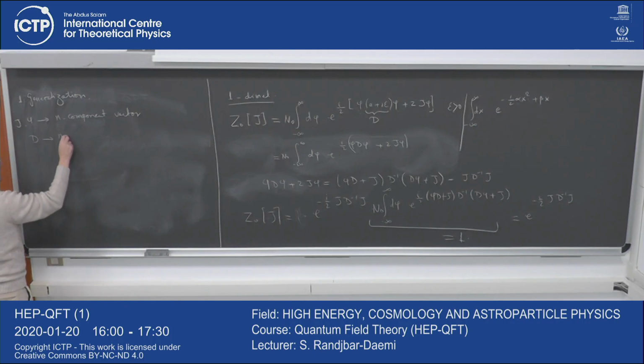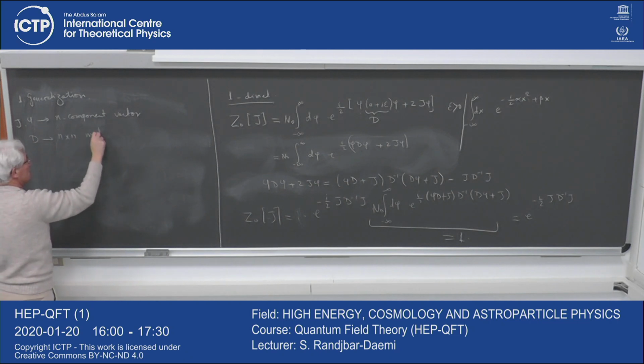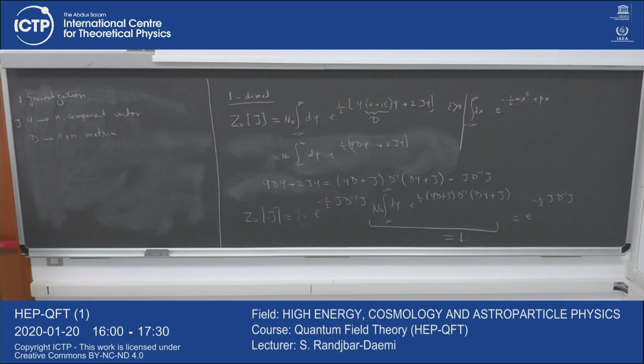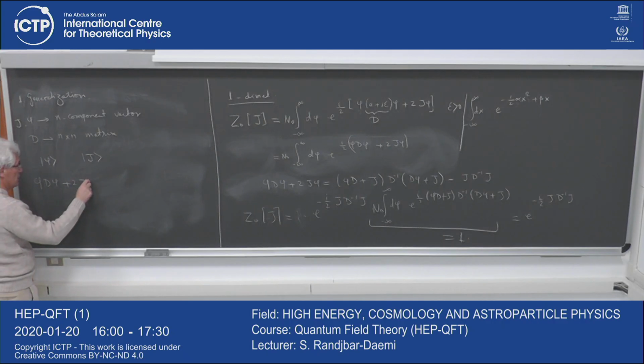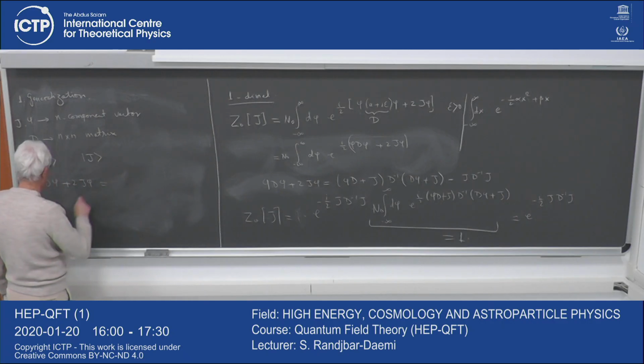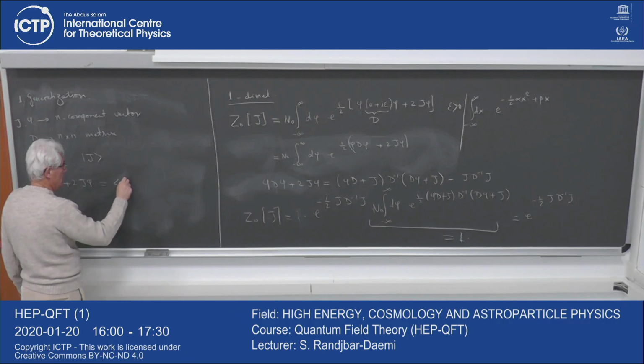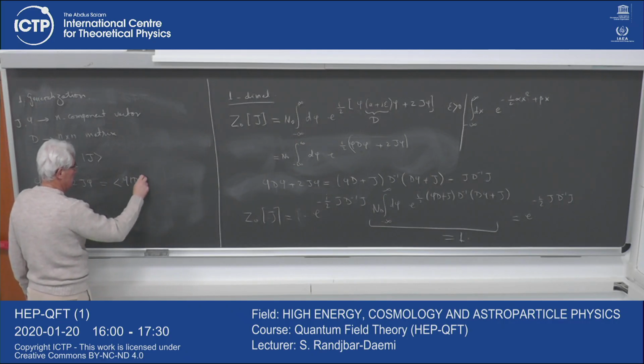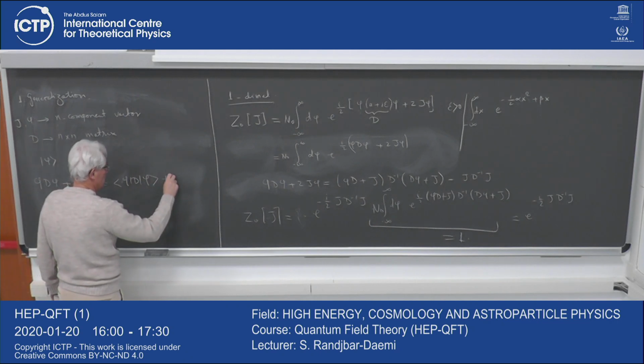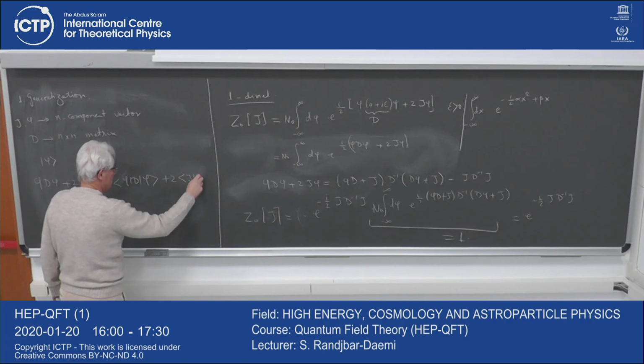And the matrix d, n by n matrix. Now, the notation we are going to adopt is write phi like this, j like this, and then the phi d phi plus 2 j phi will become phi d phi plus 2 j phi.